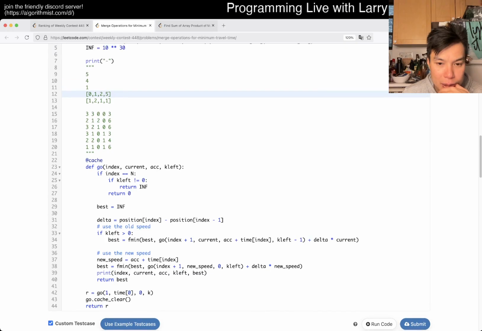It is multiplying by 1 because the current speed, well, current speed is 3, so that would be right. I mean, it's not optimal, but it's right. New speed is accumulator, which is 0 plus 1. So the new speed is wrong. Okay, that's fine. So the old speed is right.